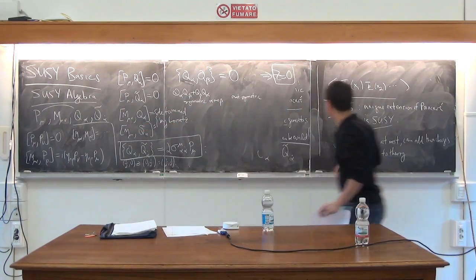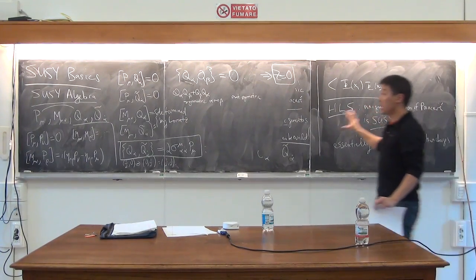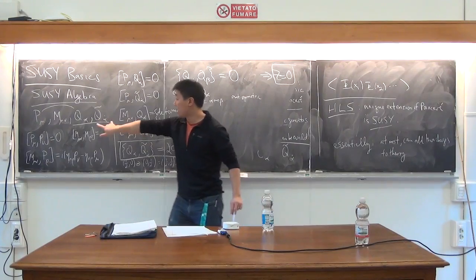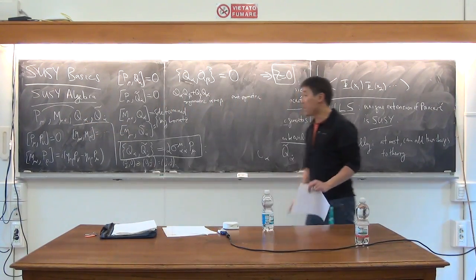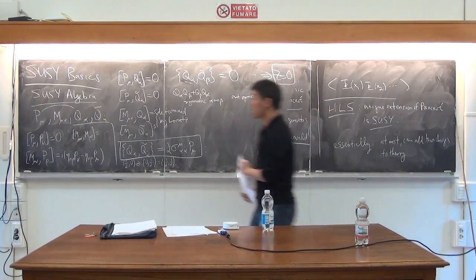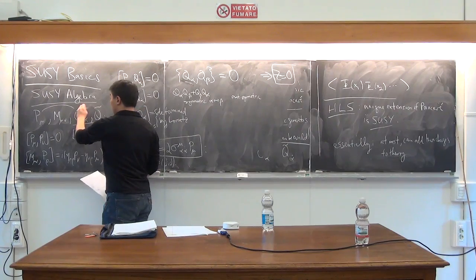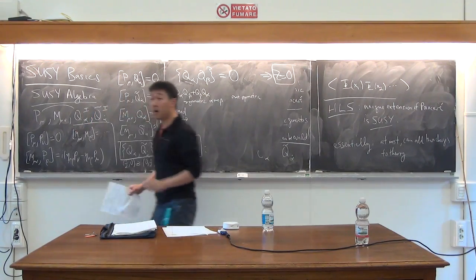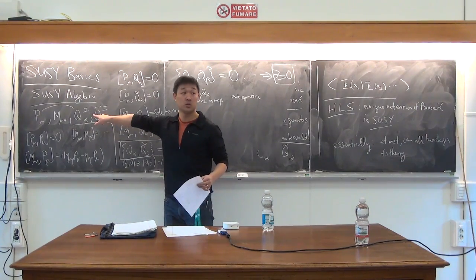So that's what I meant when I said the essence of this theorem that Haag-Lopuszanski-Sohnius has proved is that it is only possible to extend Poincare with these kinds of terms. There's one more possibility that I haven't discussed, which is allowed by this HLS result, which is that you can extend it by more than just one set of supercharges.